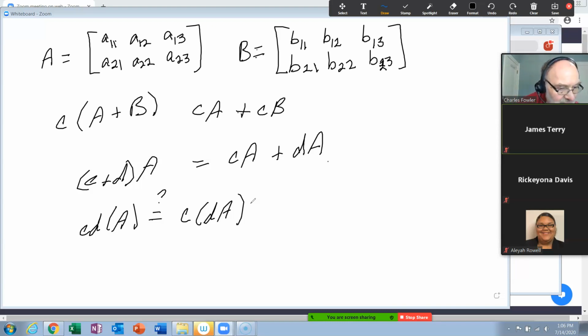Now, they say on the side there that in the same way that you're able to show that all 2 by 3 matrices work, you can do the same thing for the set of all M by N matrices.